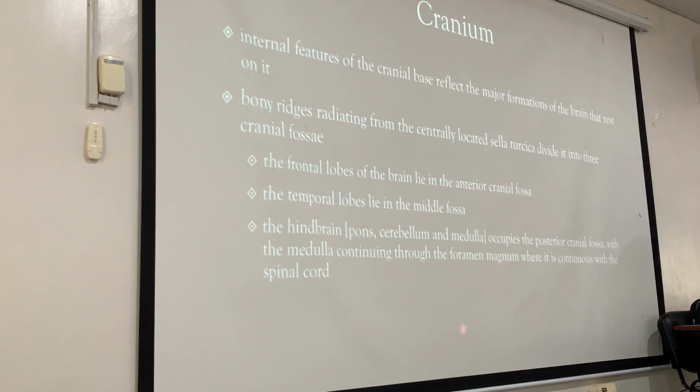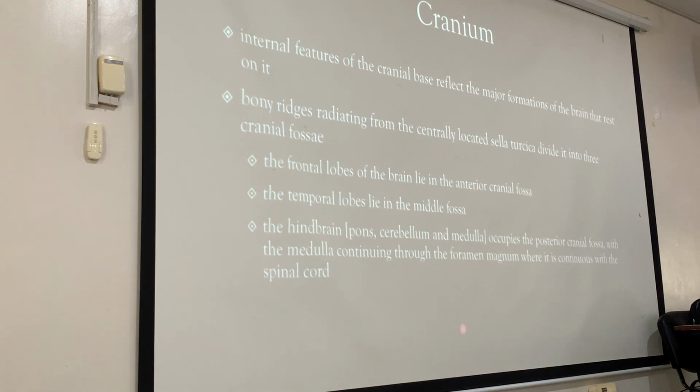Okay, so now we go to the internal features of the cranial base. The internal features of the cranial base reflect the major formations of the brain that rest on it. Bony ridges radiate from the centrally located sella turcica and divide the cranial base into 3 cranial fossae.